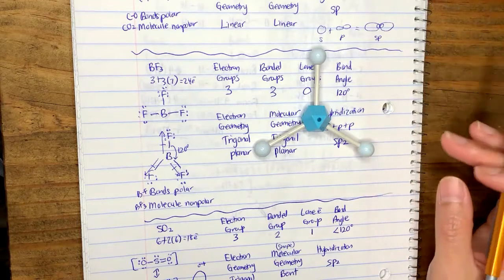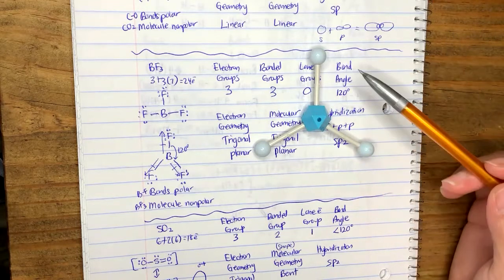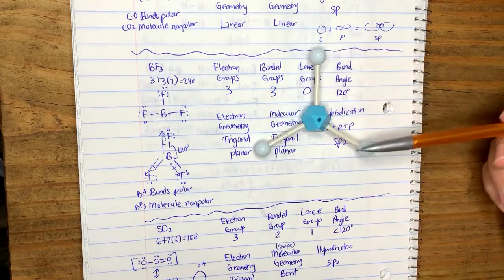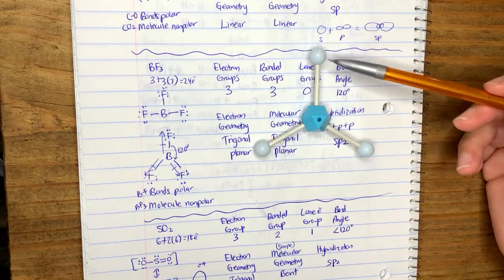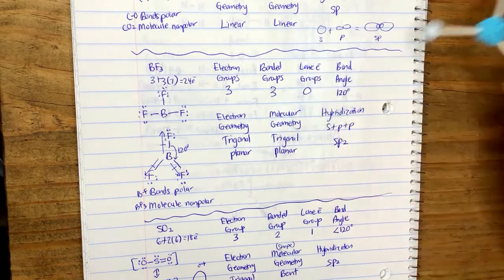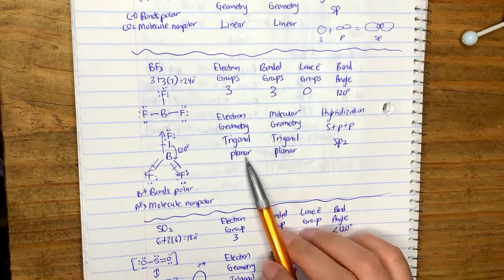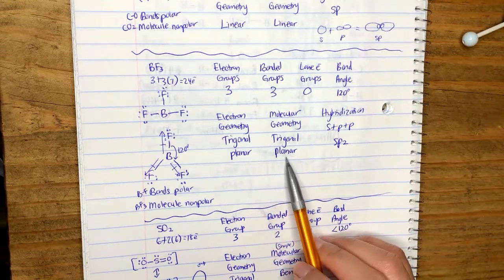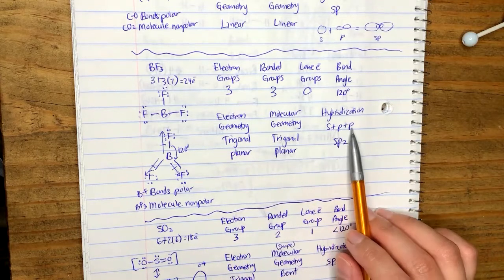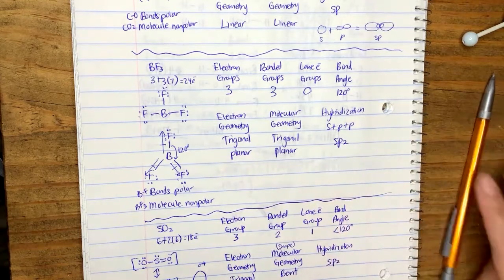Electron geometry, in this case, is trigonal planar, because it's on one plane, and it's a triangular shape, right? So trigonal planar is the name for the electron geometry and molecular geometry. Now, because we have 3 electron groups, we have to take s, p, and p and hybridize them together. We have sp2.